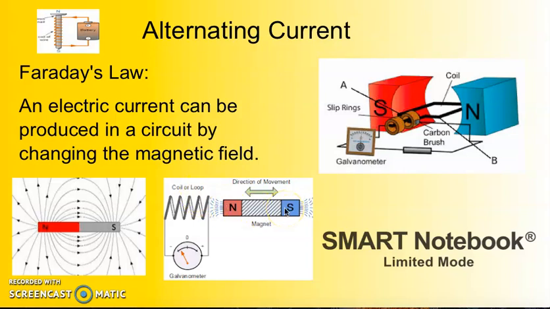As the magnet gets close to the coiled wires, you have an increase of electricity. Notice what's happening on this galvanometer, which registers the current.